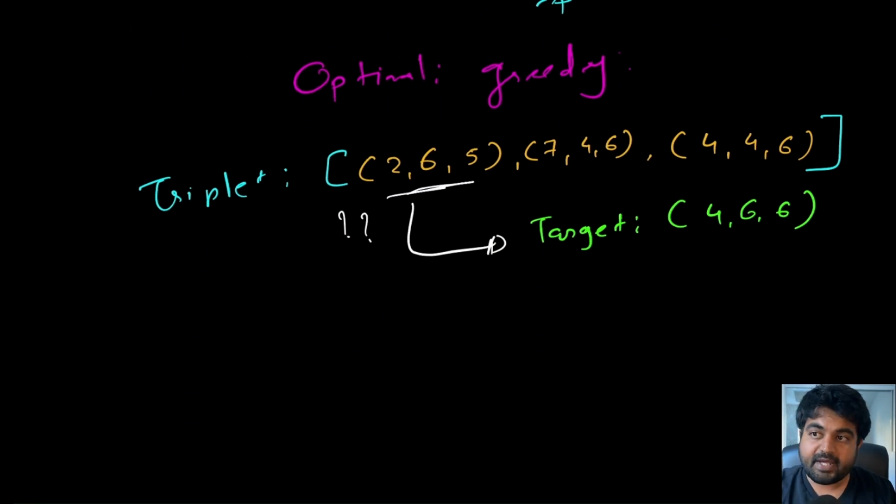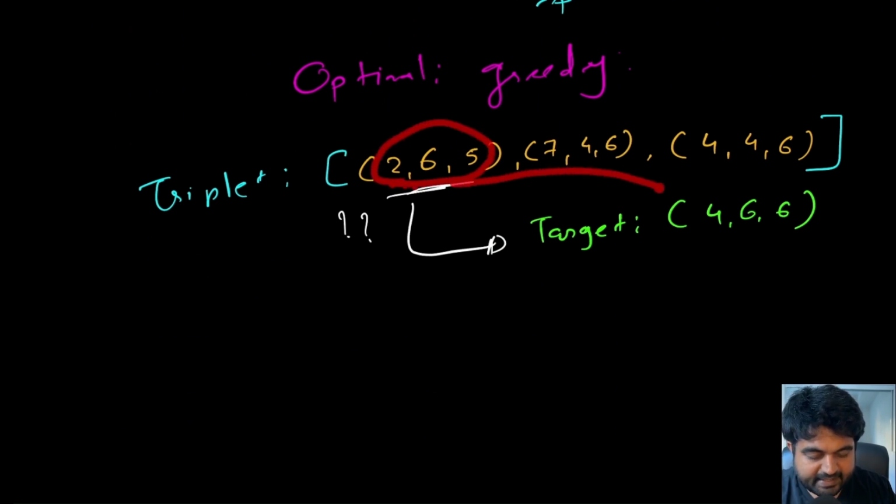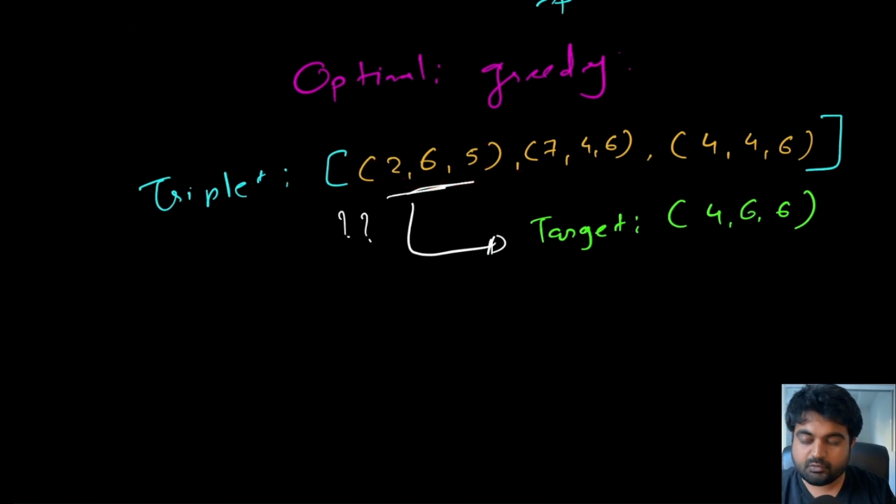The comparison should only contain two items. First, whether each of these three values is less than or equal to the target value; only then is it a triplet of interest for us. Otherwise, we move on to the next triplet. Why? Let's try to understand. Say we are currently given a triplet 2, 6, and 5.